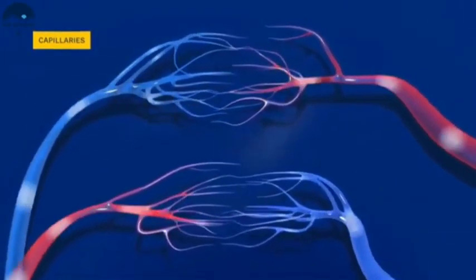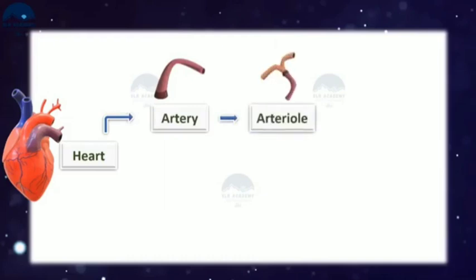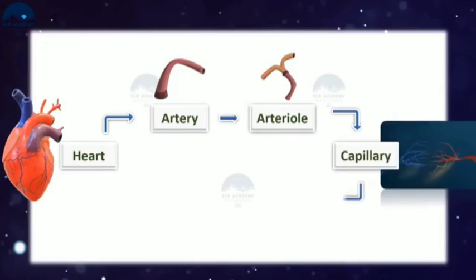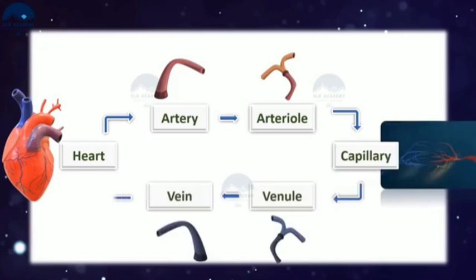So, blood moves from heart to artery, from artery to arteriole, from arteriole to capillary, from capillary to venule, from venule to vein, and from vein to heart. This is called as circulation.